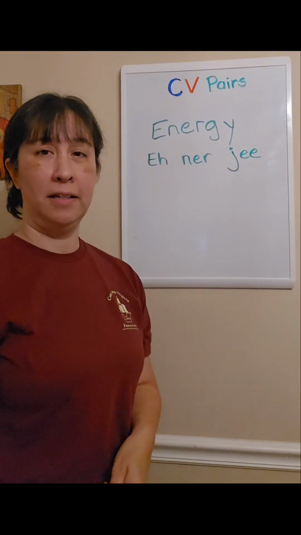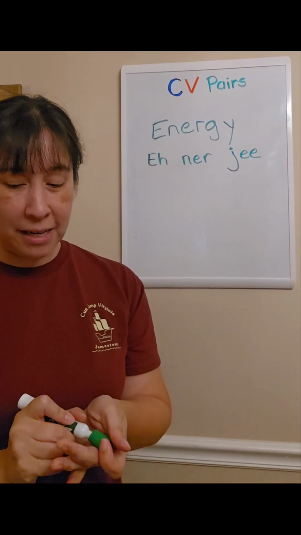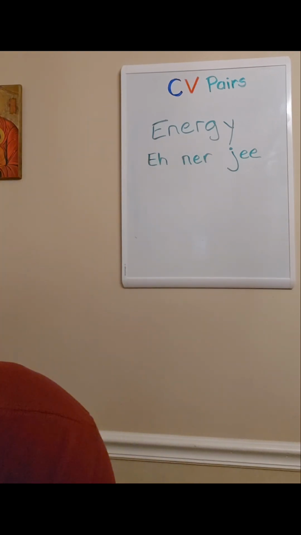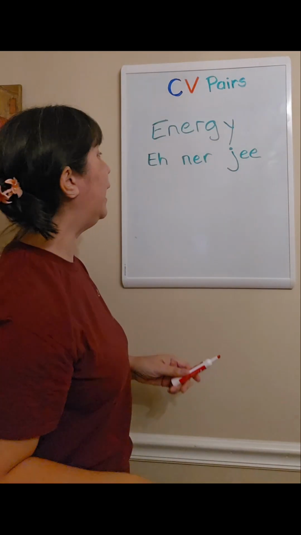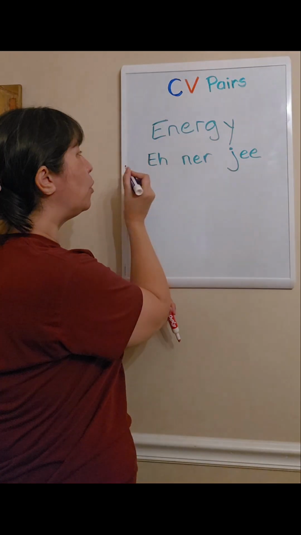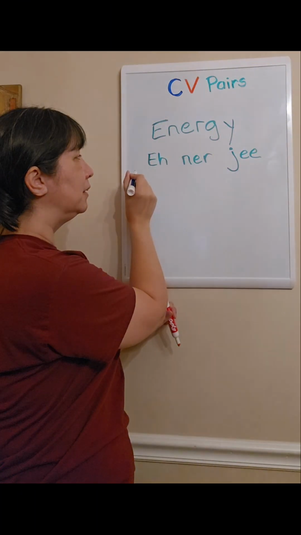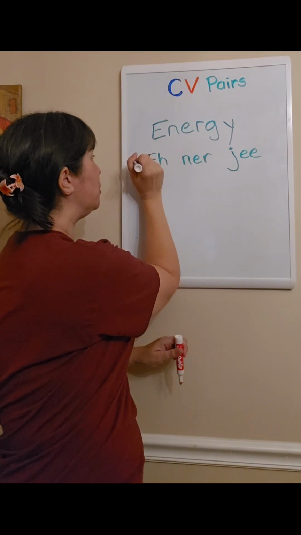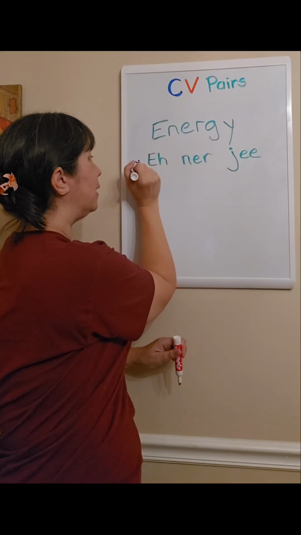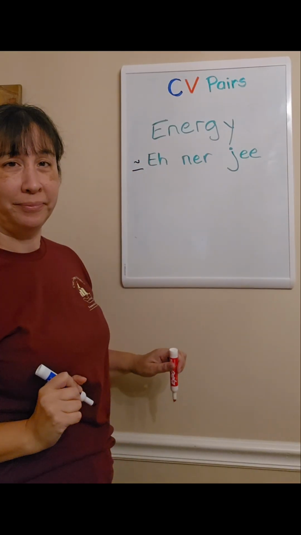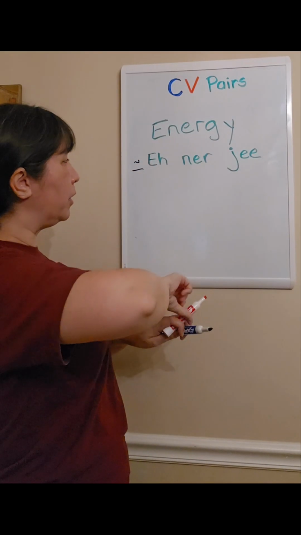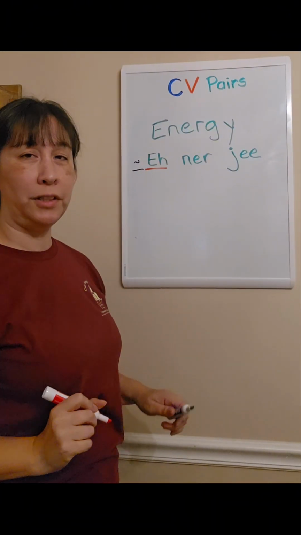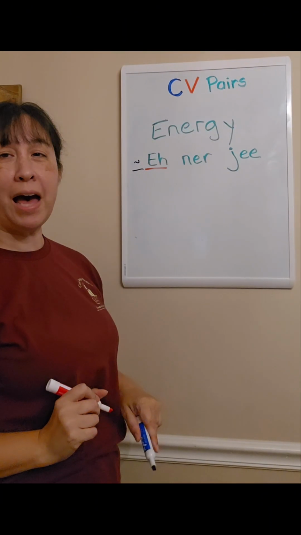E-ner-G. Now I'm going to identify my consonants and vowels. Okay. There is no consonant sound at the beginning of the word. So I'm going to imply a little knot and underline that. And then I'm going to underline the E as my vowel. So the first CV pair is a vowel alone.